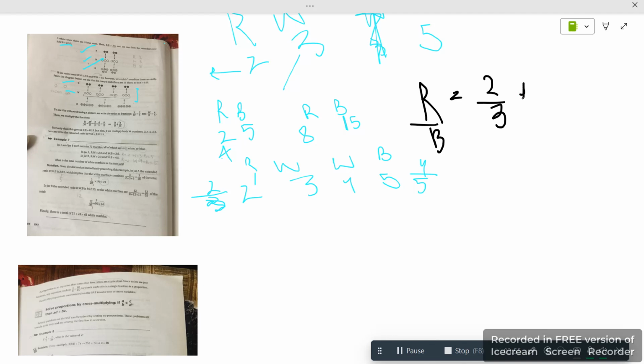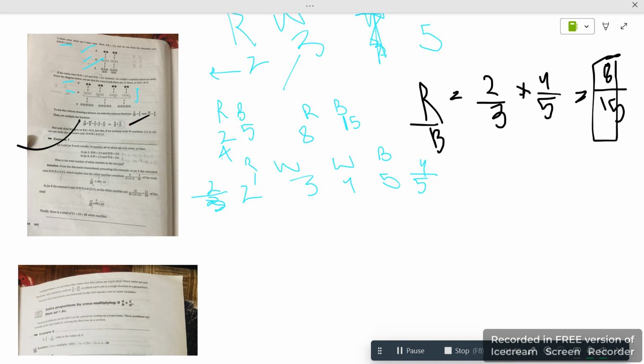Then just multiply this with the ratio which we have second, white and blue, so white and blue are 4:5. When we multiply them, 3 fives are 15 on the downward, and on the upper side 4 twos are 8. 8:15 would be the ratio of red and blue marbles. This should be clear. Now we have identified without a diagram, we can also do this question. So this will be the answer.